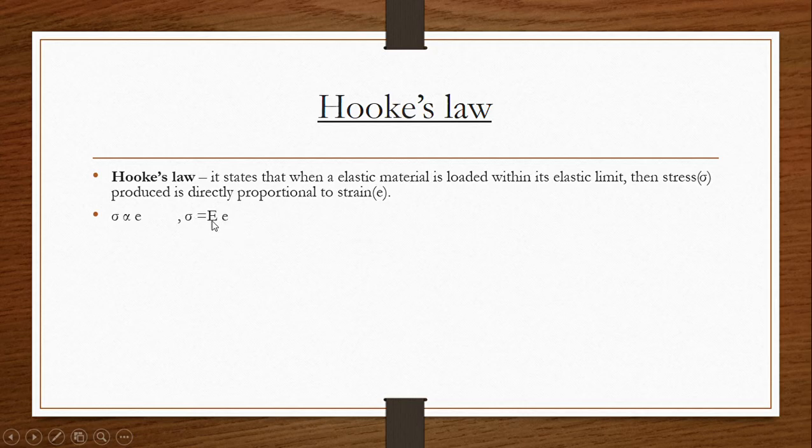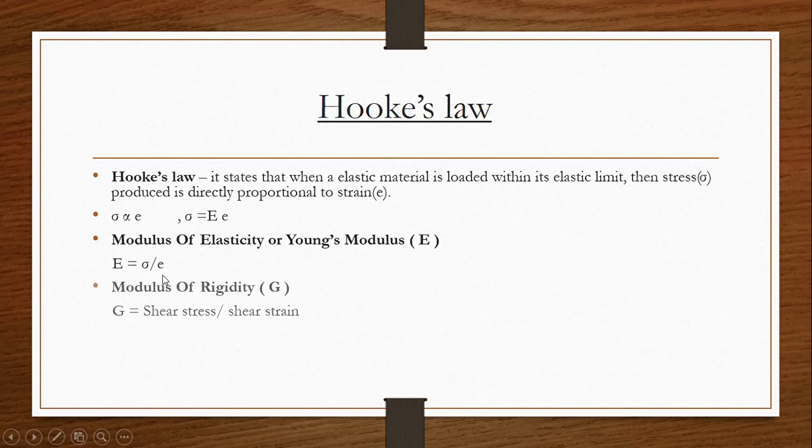Now capital E is nothing but your modulus of elasticity or Young's modulus, denoted by capital E. So capital E is equal to sigma upon small e. Next is modulus of rigidity, that is shear stress to the shear strain.